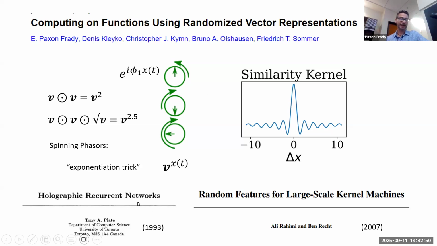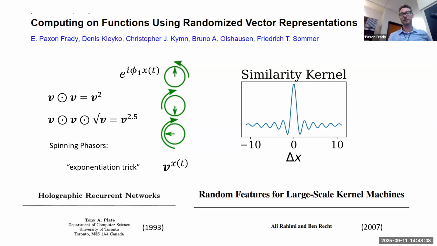This was going on in the Redwood Center for a long time, even going back to the 90s. But I would point out that this is exactly the same as the Rahimi and Recht paper, which is the underlying logic of these position encodings in transformers.